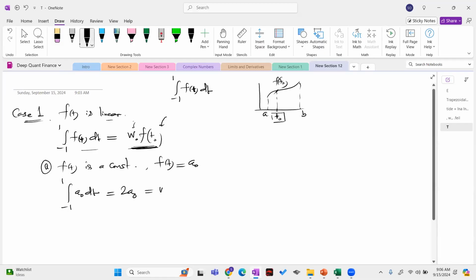This must be equal to W0 times ft0. Now, if ft is a constant, which is always a0, no matter where you sample, it will always give you a0.